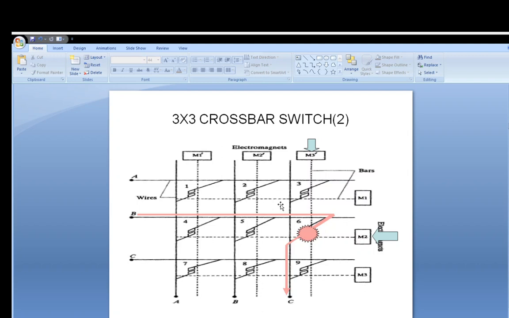Suppose we have to set up a call between subscriber B and subscriber C. Then the line B of the subscriber is to be energized, as well as the vertical line of subscriber C. In this way the connection shown at point 6 will be completed with the help of these electromagnets, and then there will be a call set up between subscribers B and C.